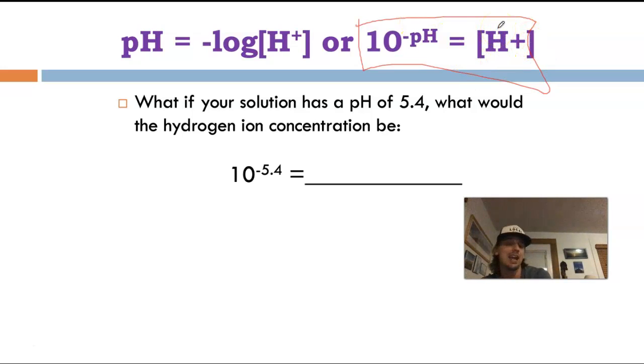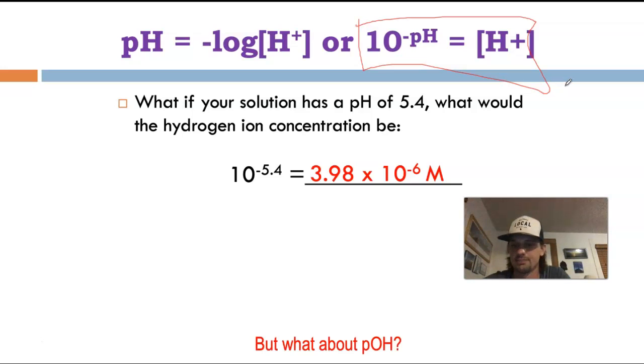So 10 to the negative 5.4, I'm going to use that arrow pointing up. 10 to the power of negative 5.4 is 3.98 times 10 to the negative 6. That means my hydrogen ion concentration in a solution that has a pH of 5.4 is 3.98 times 10 to the negative 6.